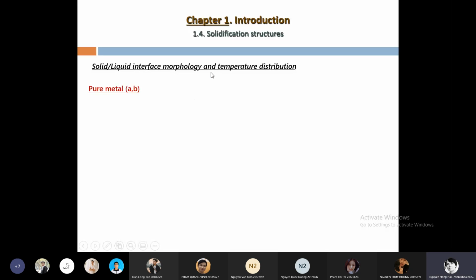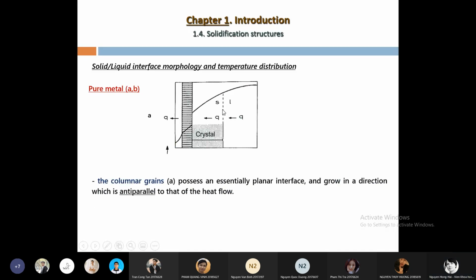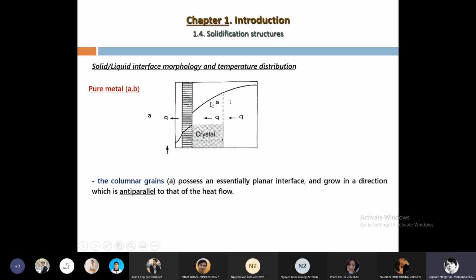And in the case of pure metal, what do we have? We have the columnar crystal. In the case of pure metal, the interface between the solid and liquid is planar, absolutely planar.